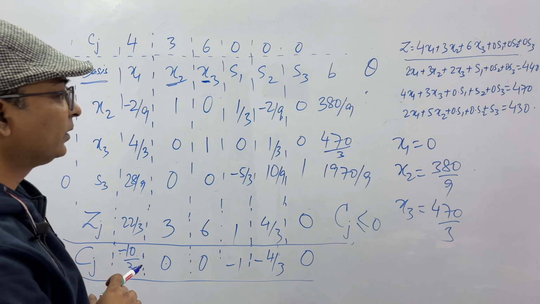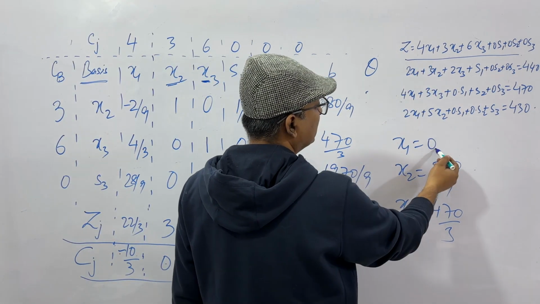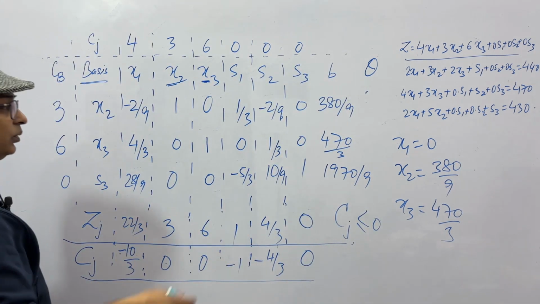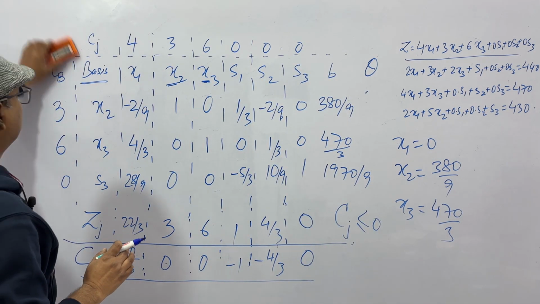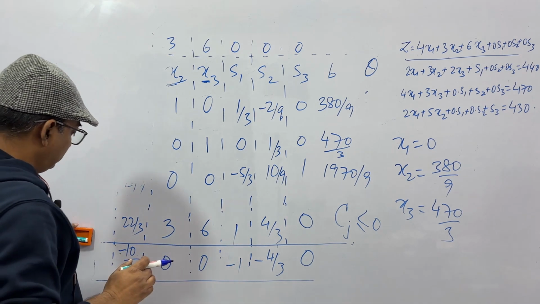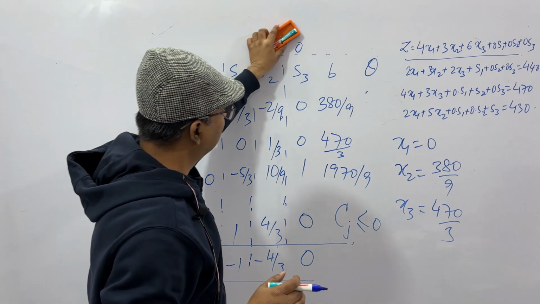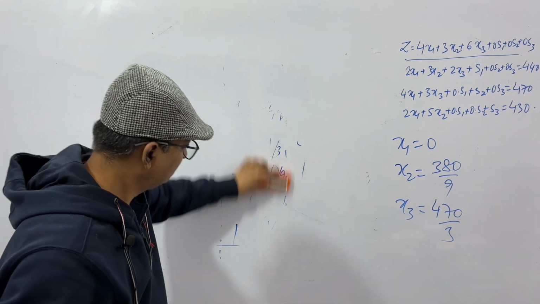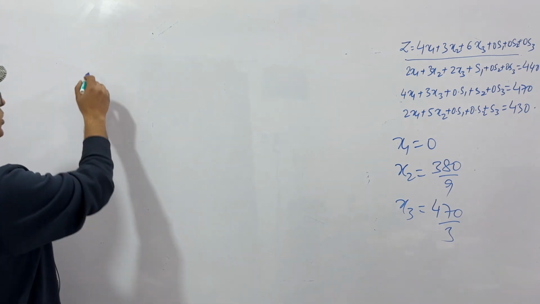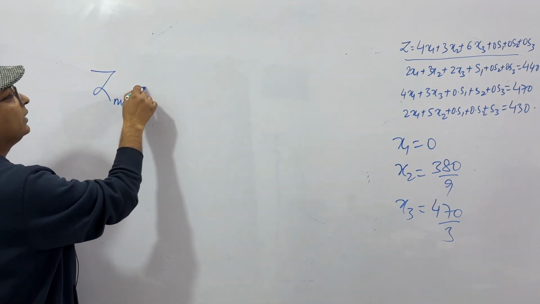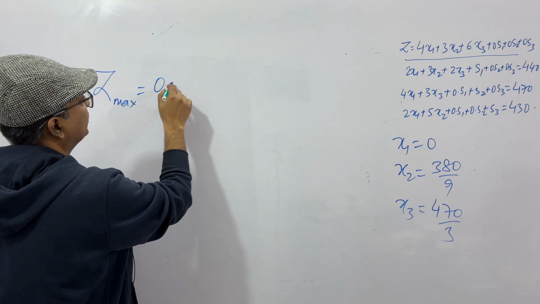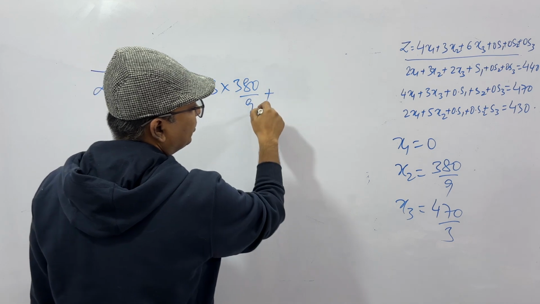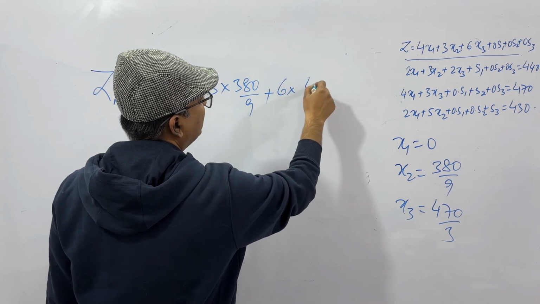And the value will be, what you will do, you will put 4 into this 0, 3 into this plus 6 into this. This is clear to you, you must have noted it down. Now I am rubbing this. So our z max will be 4 into 0 plus 3 into 380 by 9 plus 6 into 470 by 3.